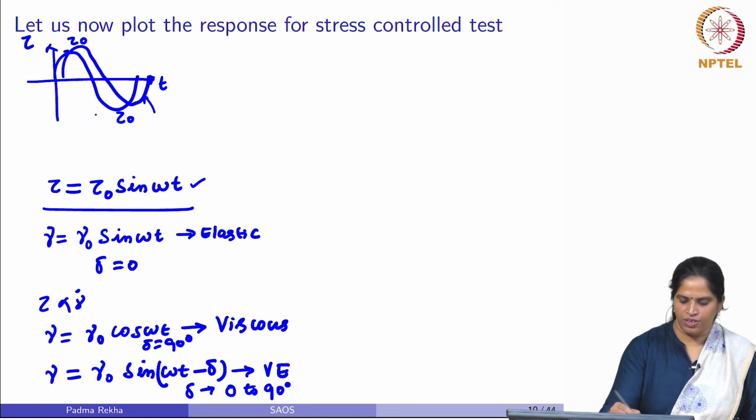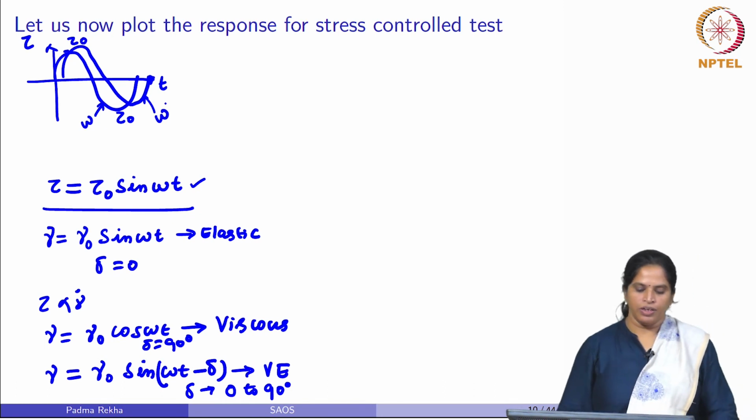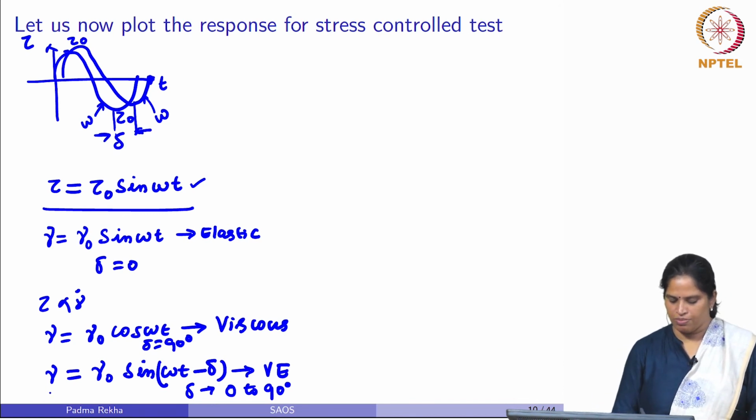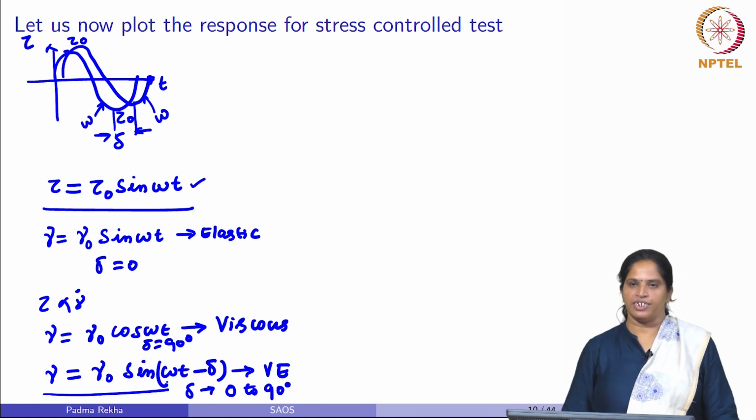If the stress waveform has frequency omega, this will also be omega, but there will be a lag, and this lag here is delta. This is in case we conduct a stress control test.